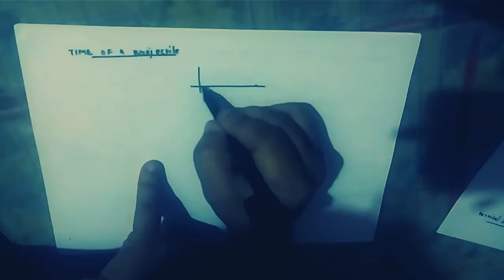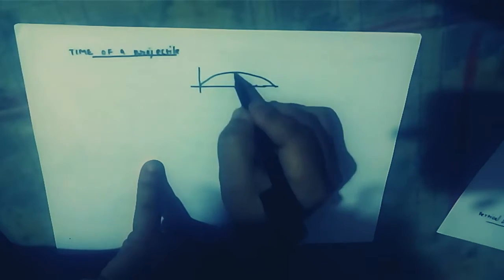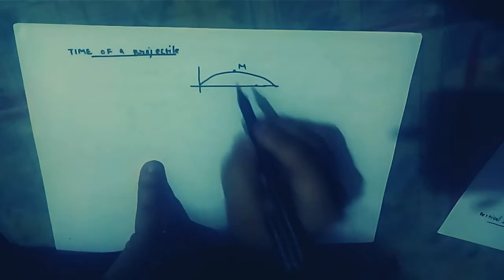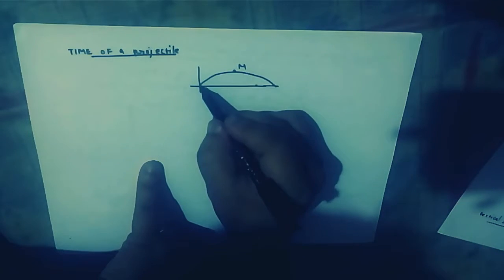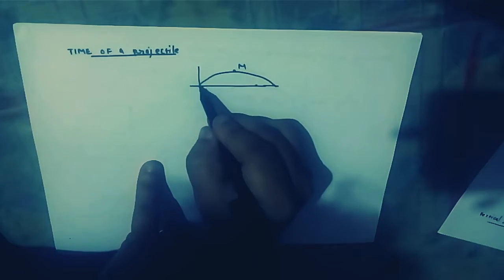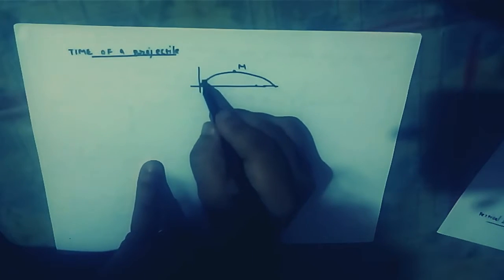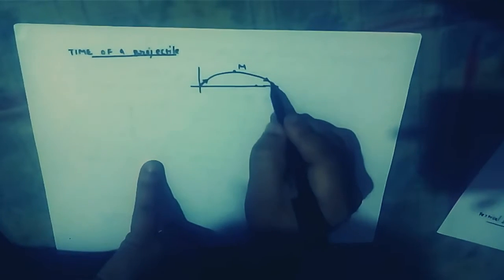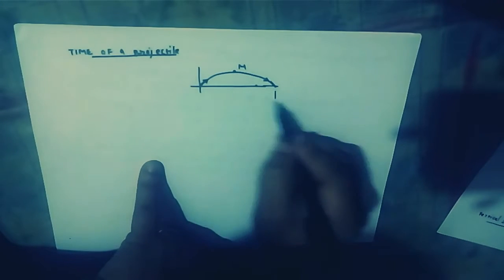Again we will use this concept when the body has reached point M. Suppose the total time for that projectile, from when it has taken off its flight and then landed on the earth, is capital T.